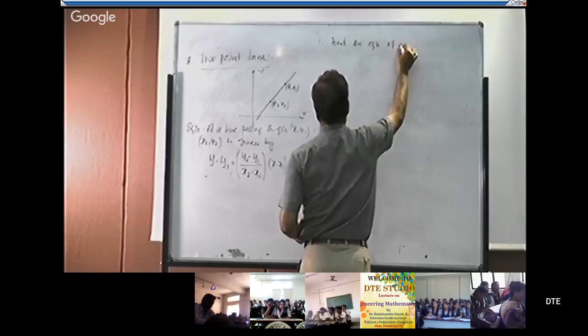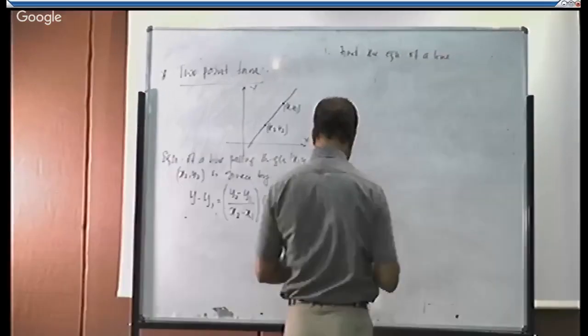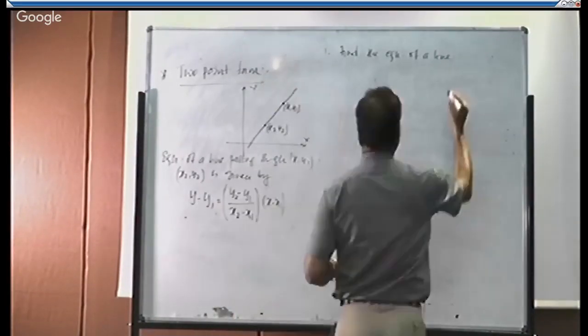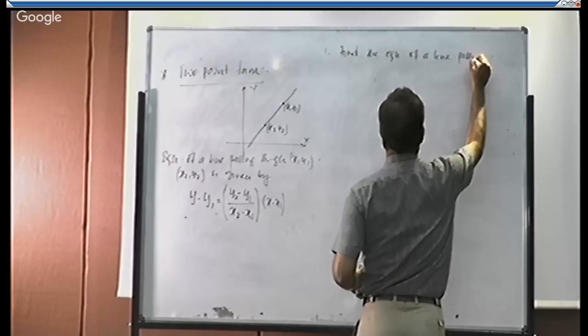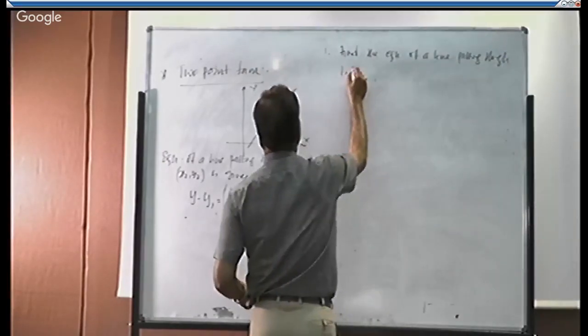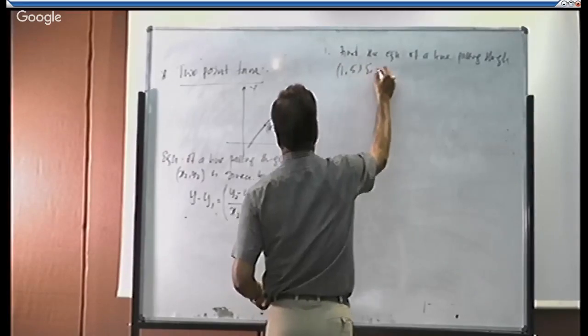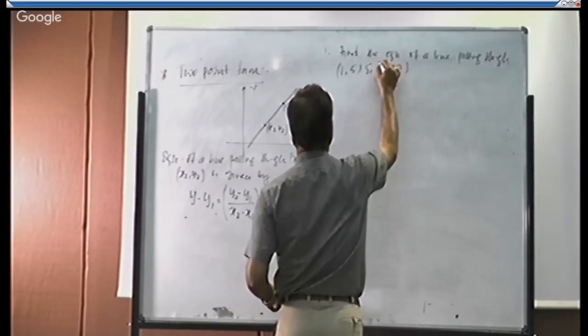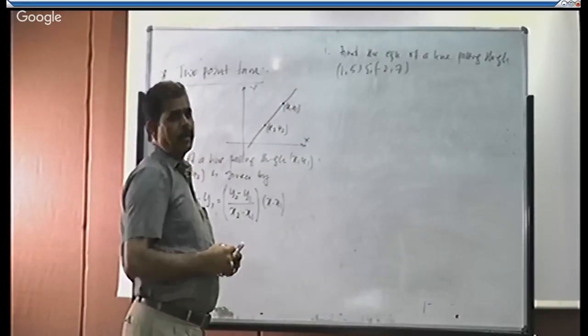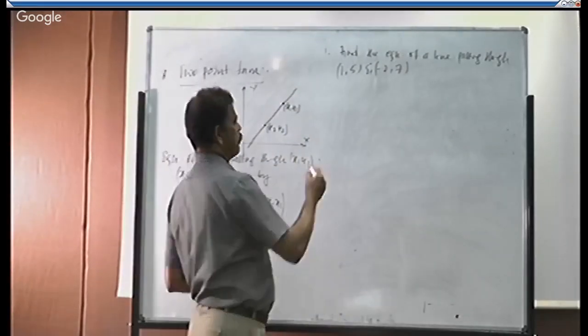Find the equation of a line passing through 1, 5 and minus 2, 7. This is also an important one. They have given two passing points.